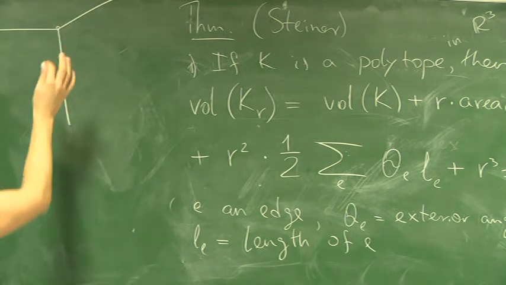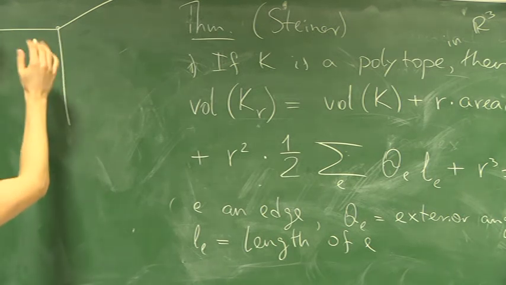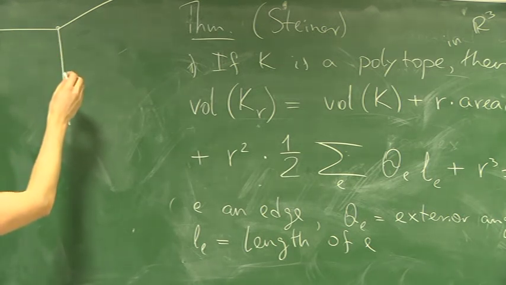So assume this is a vertex of a polyhedron. The polyhedron lies somewhere there behind the blackboard.